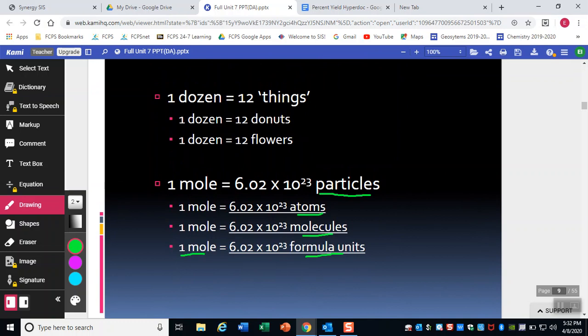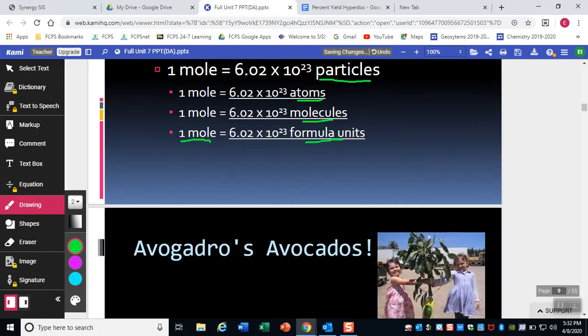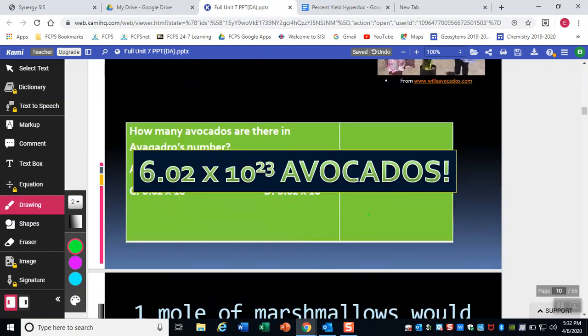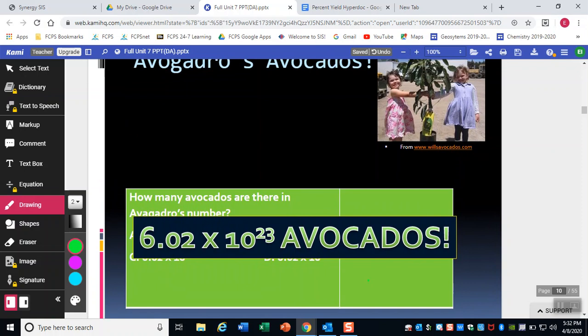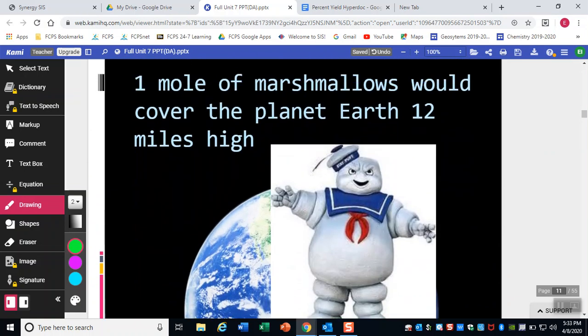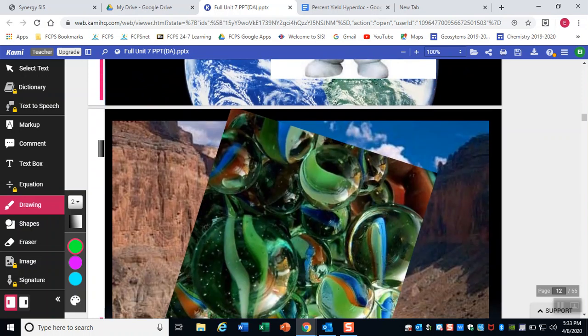Okay, that would be 1 mole. That's just a number that we're going to remember. So if I said how many avocados are in 1 mole, it would be 6.02 times 10 to the 23 avocados. It could be cars, it could be eggs, it could be anything. A mole of marshmallows would cover the whole earth 12 miles high.